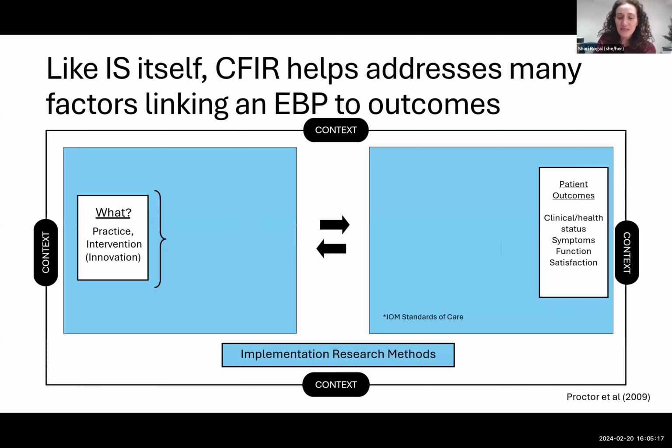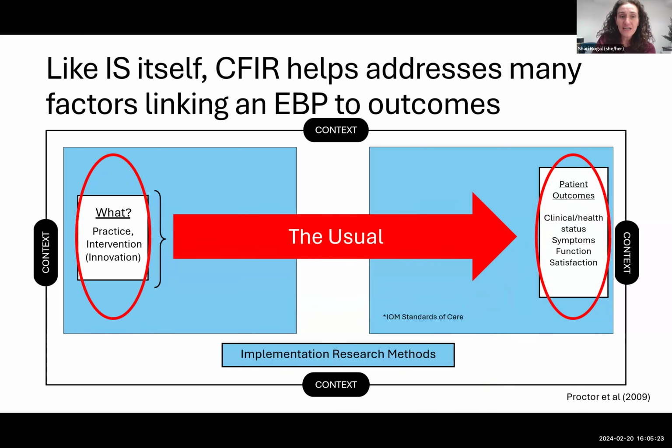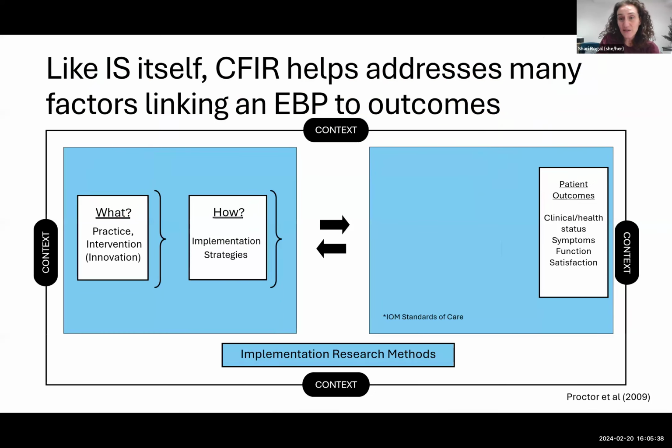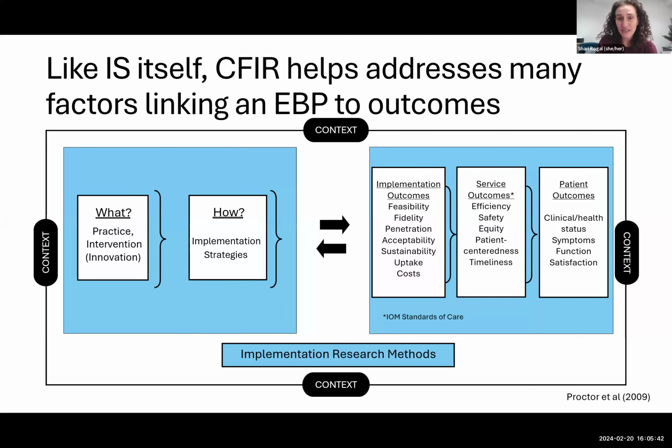Okay, so typically, as the people on this call certainly know, we're looking at the connections between an evidence-based practice, intervention or innovation, which I'll call an EBP, or sometimes called the thing by Jeff Curran, the thing that you're trying to implement, and an outcome. And of course, implementation science also focuses on the strategies that help you get there, as well as some intermediate implementation and service outcomes.